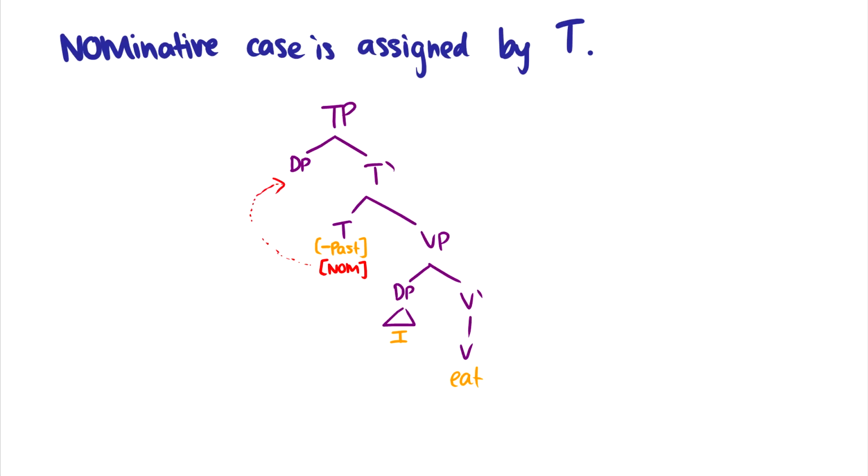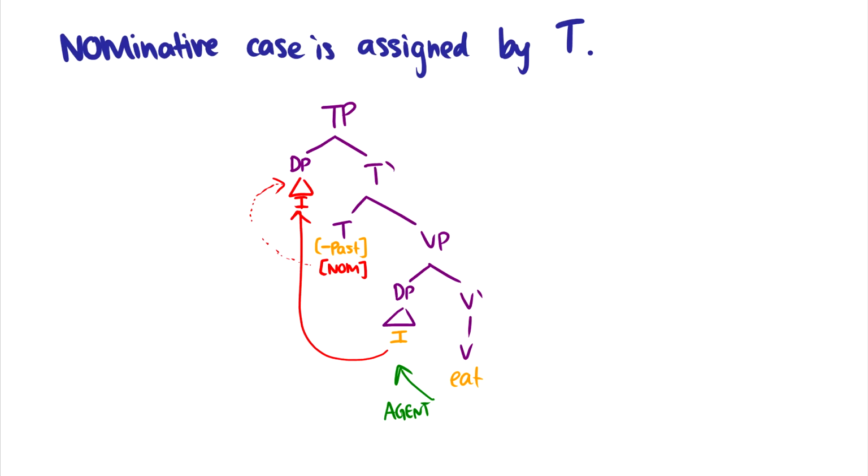So we have our word I, so this is I eat, and it's sitting in the spec VP DP position. So this is an agent. It has the agent theta role right now, but it doesn't have case yet. All this is at this moment is a first person singular pronoun. It needs case. So what does it do to get case? Well, it moves up to spec TP.